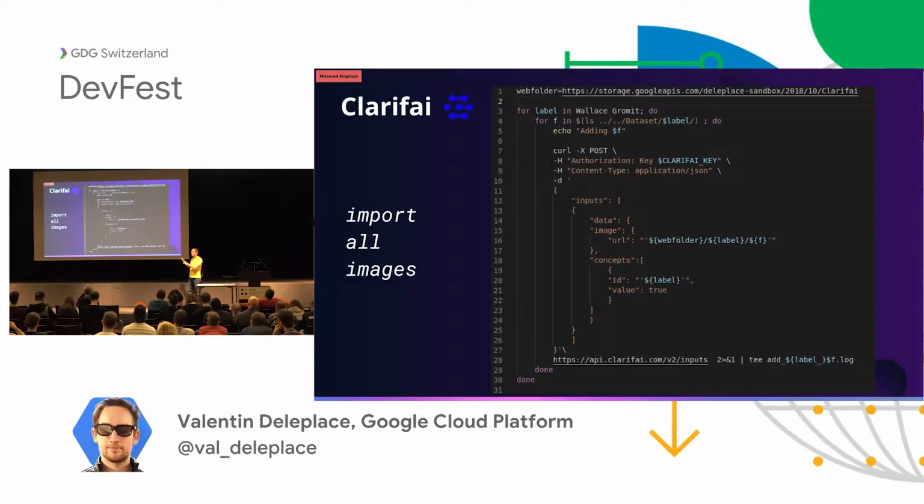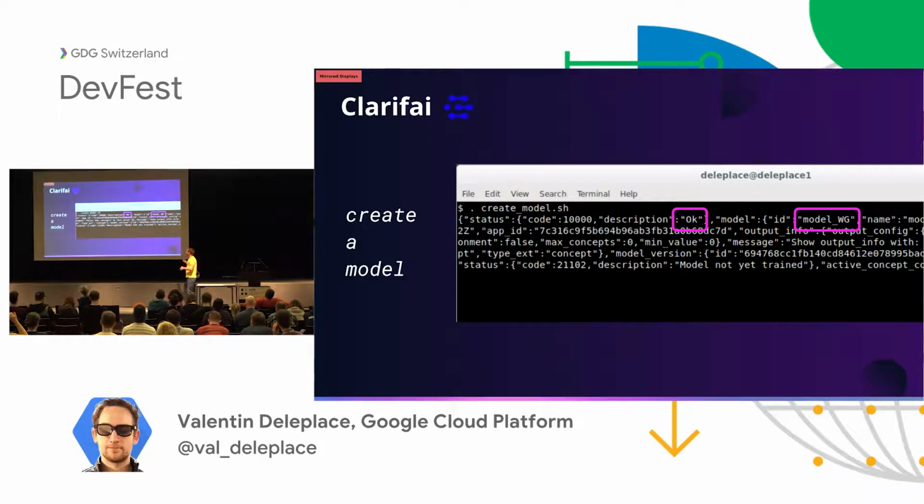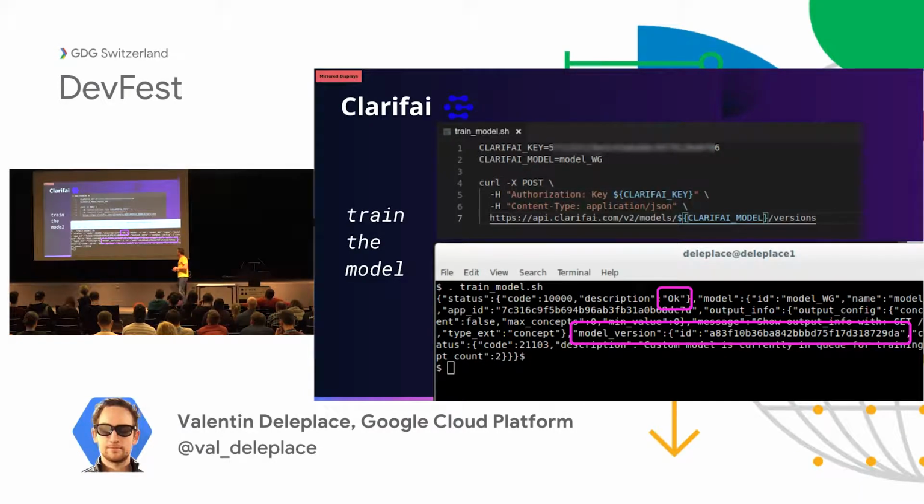It's still not part of a trained model. I just imported my pictures. Then I create a model. It's another JSON payload. It tells me, okay, and here is the ID of my model. Then I train the model. So the script is really easy. It's just a curl POST request to the REST API. It tells me, okay, and here is the model version that I just trained.